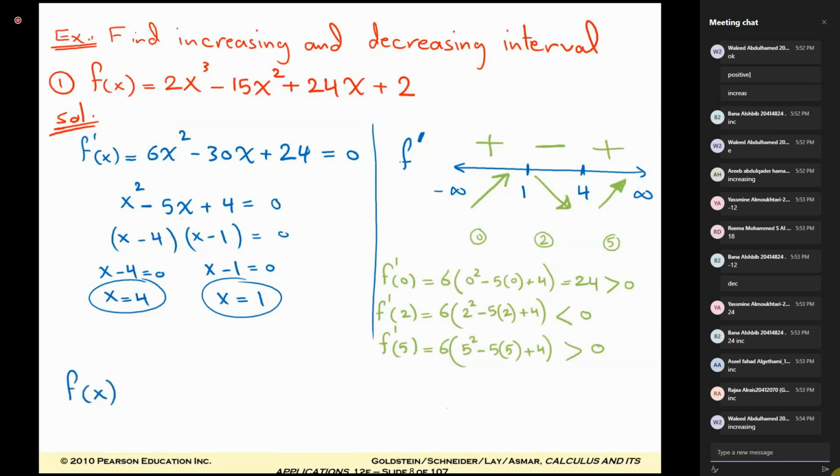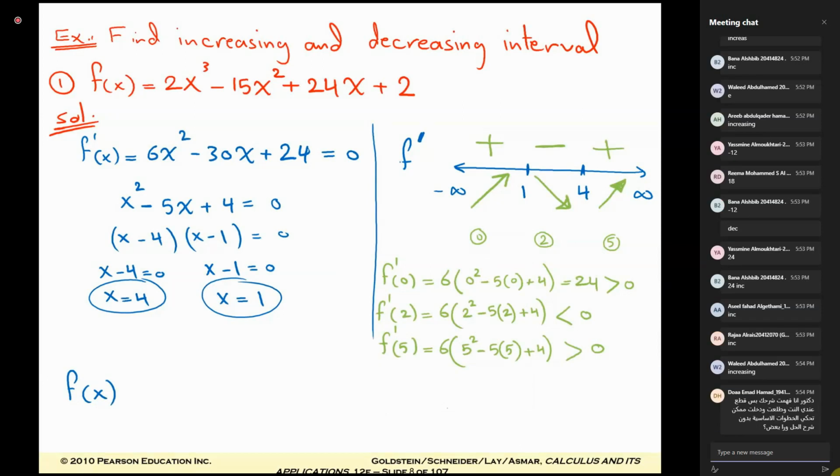Now we talk about f of x. Increase and decrease for what? For f of x. f prime is just a tool. هي أدوات ال f prime. Tools لإيجاد الانكريز والديكريز for what? For who?